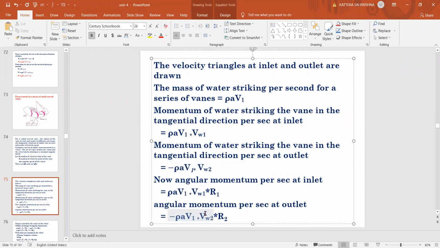Rho A V1 into VW2 into R2. Mass is always constant, no need to keep V1 and V2. Mass striking the blade is always rho A V1, right? So the angular momentum at inlet is rho A V1 into VW1 into R1, and the angular momentum at outlet is minus rho A V1 into VW2 into R2.